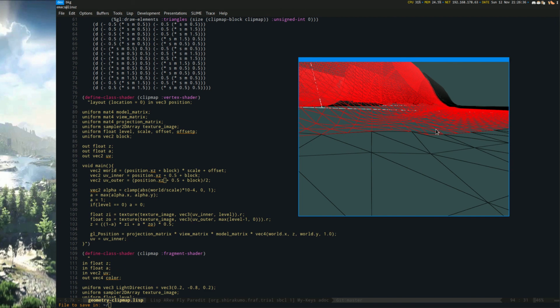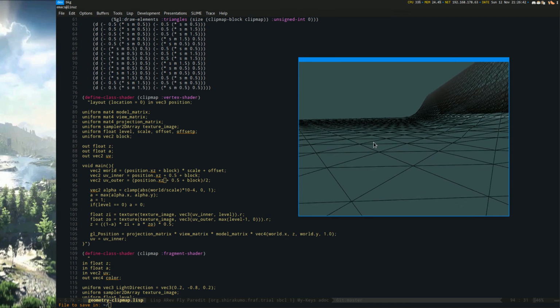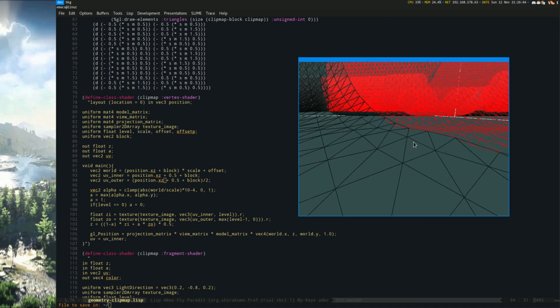Where's this ridge coming from? This one. Guess it's sort of here.